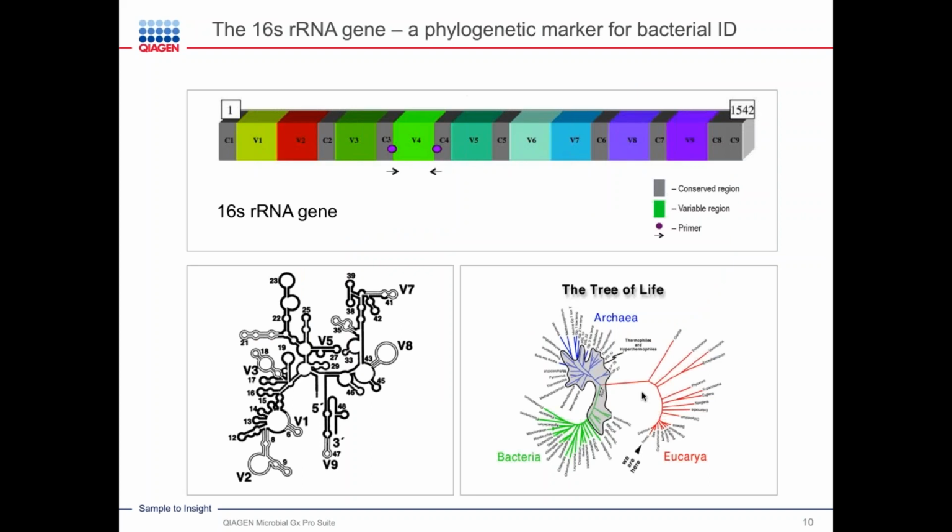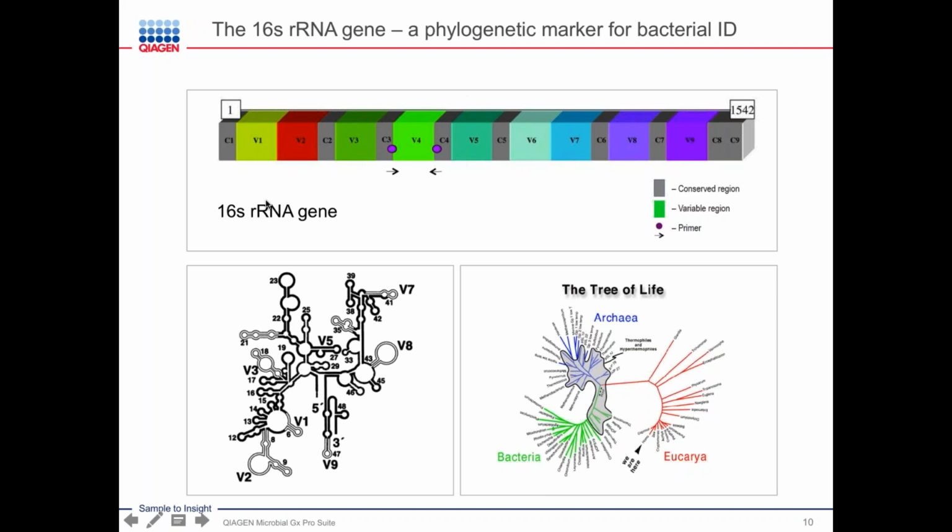In this case, we use the 16S gene as a phylogenetic marker for the bacterial identification. And as you know, the 16S rRNA gene encodes for a ribosomal RNA. So this is not protein coding, which is very fortunate because in variable areas of this gene, all bases can vary freely without any restriction to the position in codons that protein coding genes have.